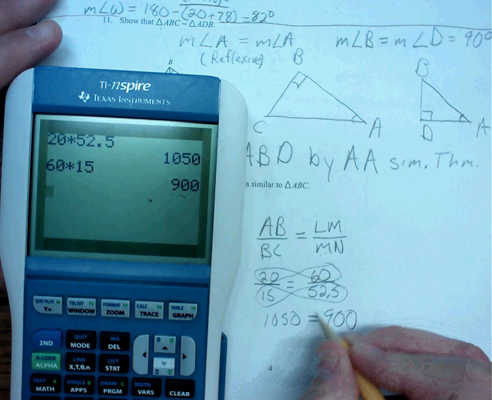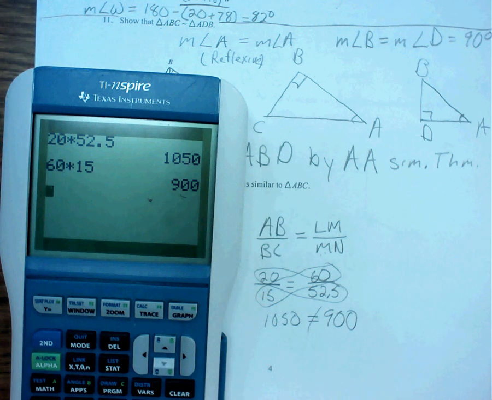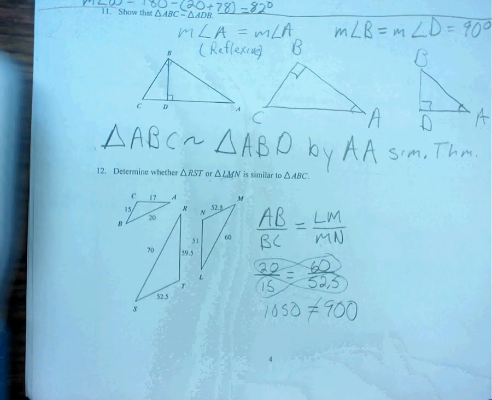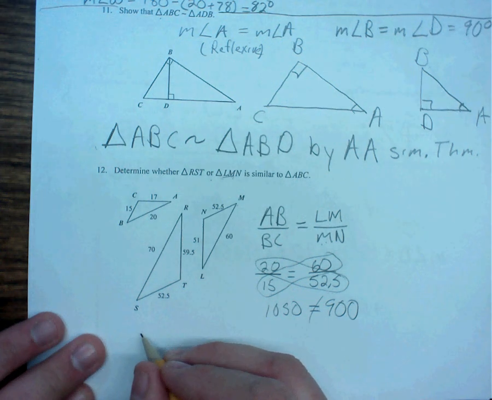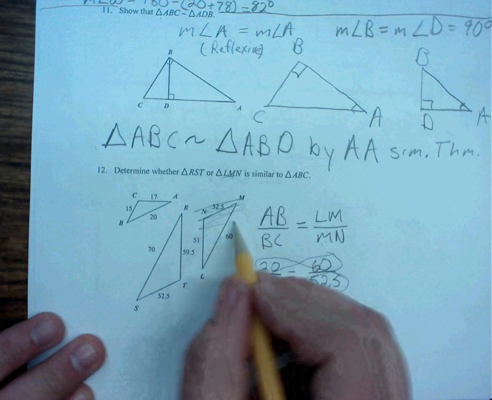Well, 900 does not equal 1050. So ABC is not similar to LMN.